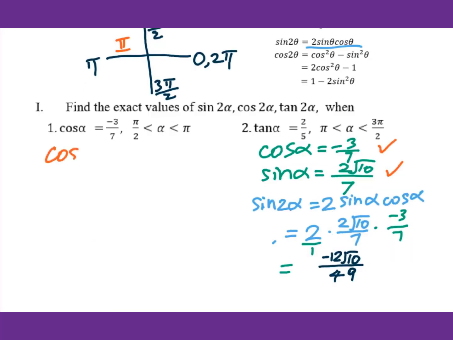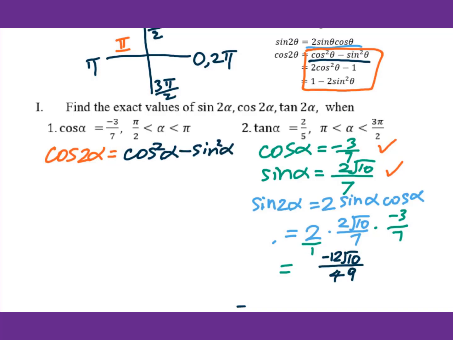For cosine 2 alpha, we have 3 formulas. Normally we use the first one, cosine squared theta minus sine squared theta. So we get cosine squared alpha minus sine squared alpha. That means negative 3 over 7 squared minus 2 square root of 10 over 7 squared.